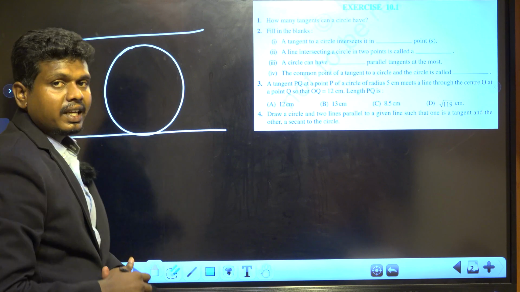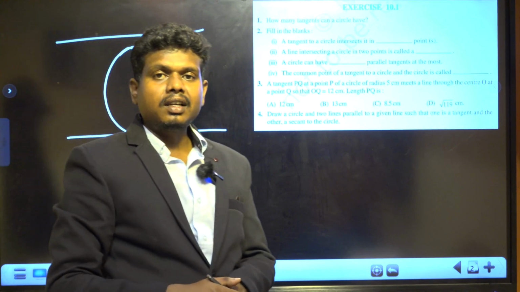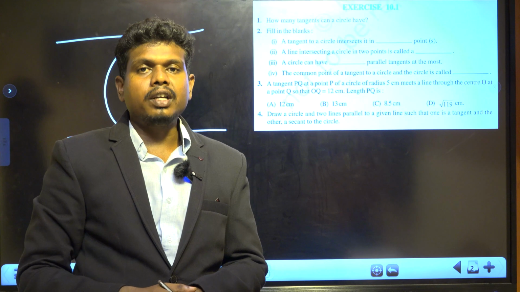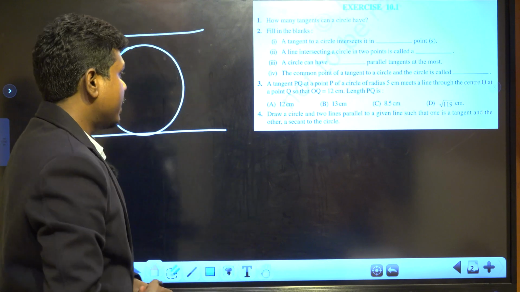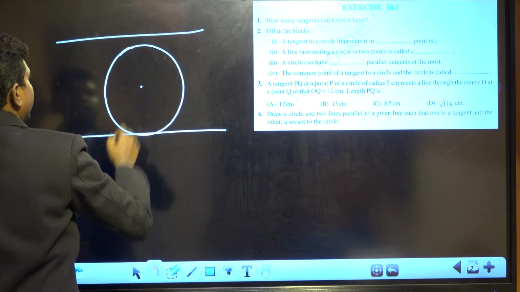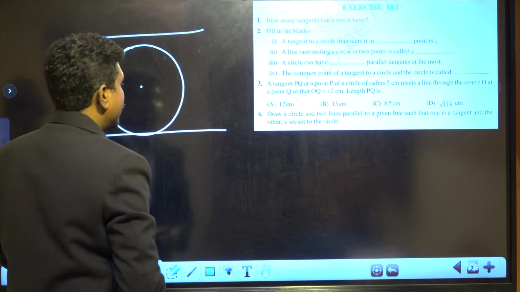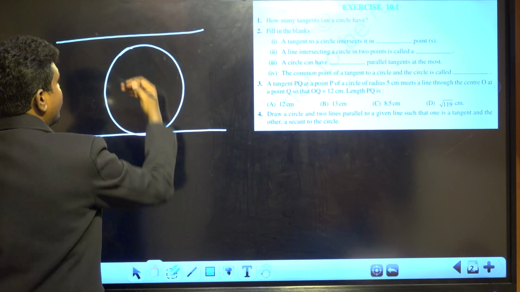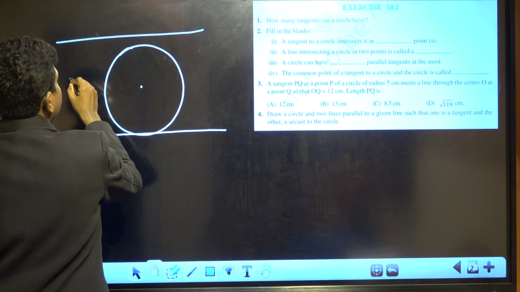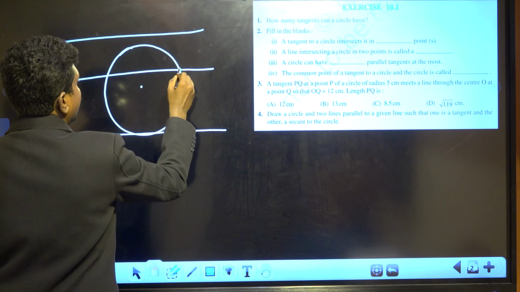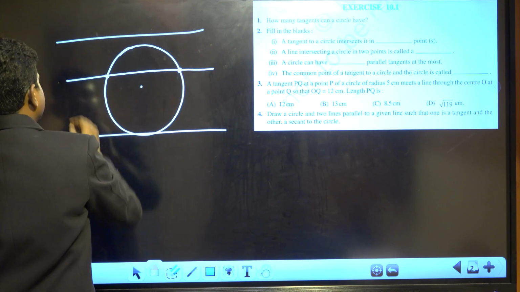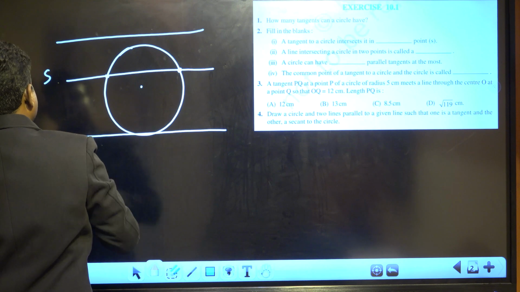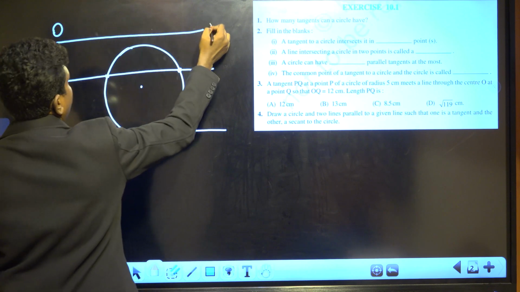A tangent is a line outside the circle touching the circle at only one point. Then a secant: if this is the center, I draw a line parallel to the given line, but it touches the circle at 2 points. So this is the secant, this is the tangent, and this is the given line OA.